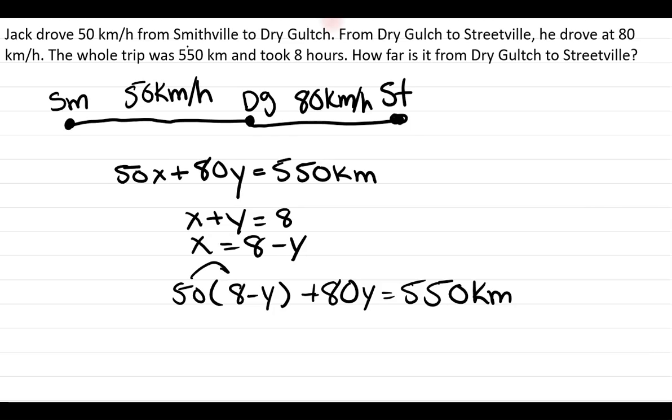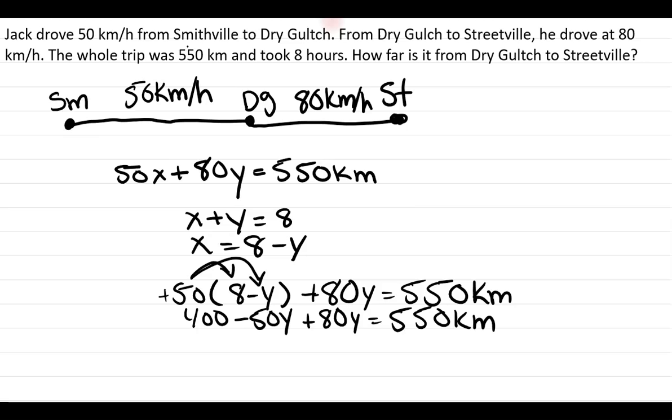Multiply 50 inside of the parentheses. 50 times 8 is 400, minus 50 times Y. Keep the negative there because there's a positive over here. And we have 400 minus 50Y plus 80Y is equal to 550. We don't need to put kilometers when solving the equation.